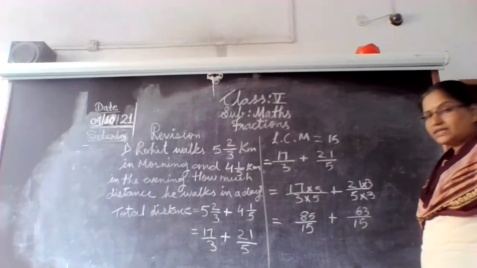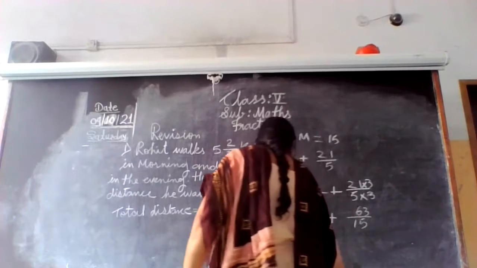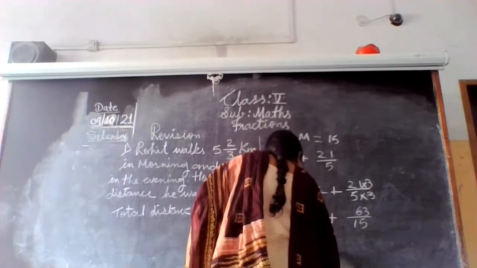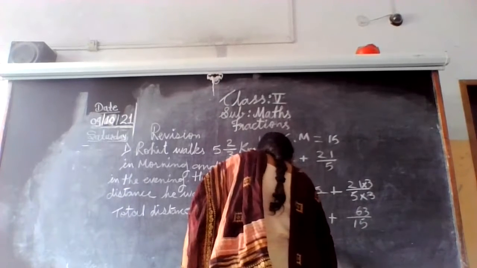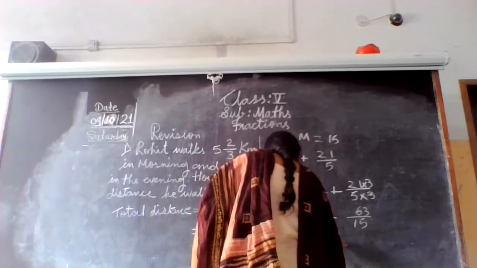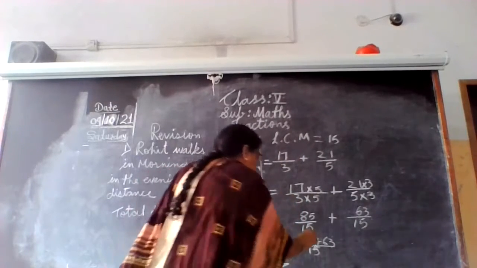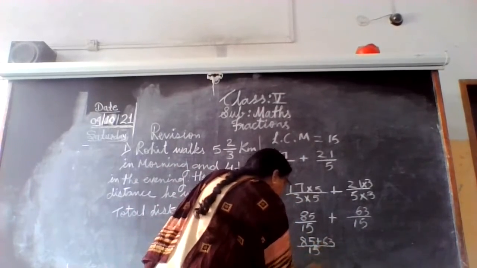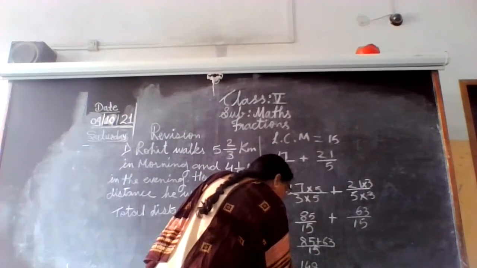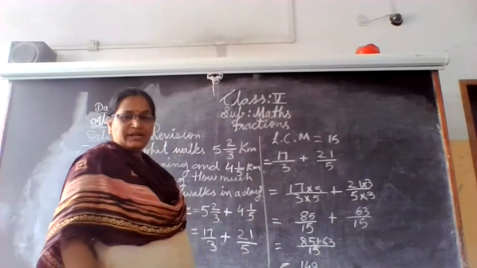Okay, now they become like fractions. So we will add only the numerators. So 85 plus 63 equals 148 divided by 15.